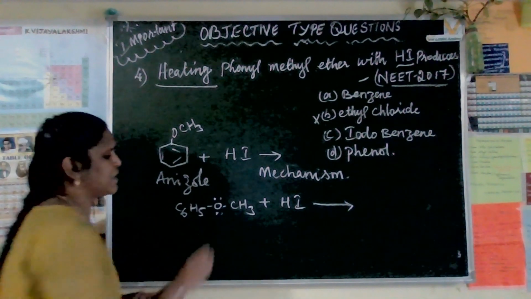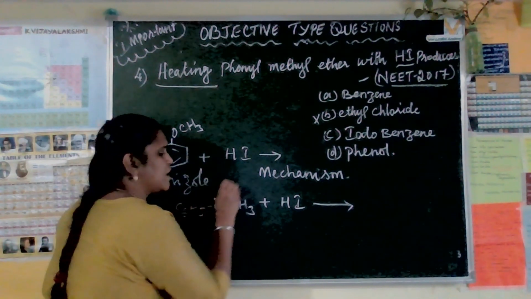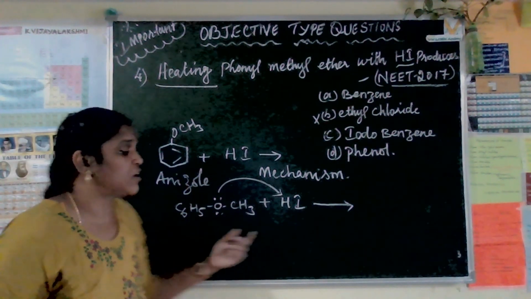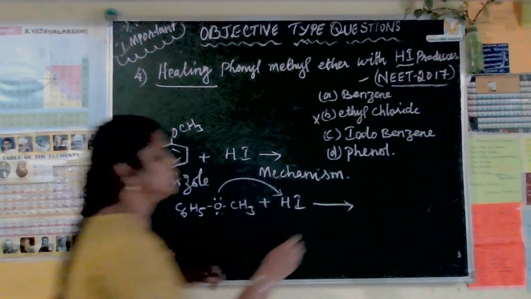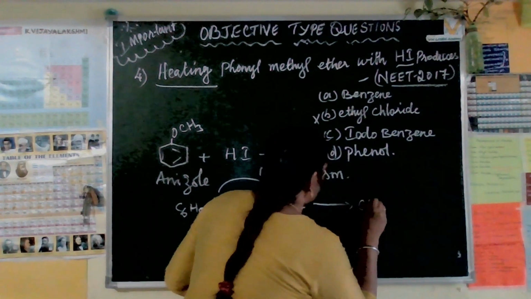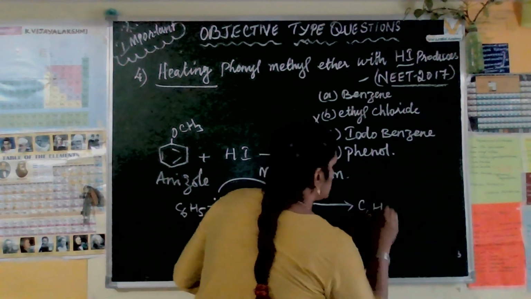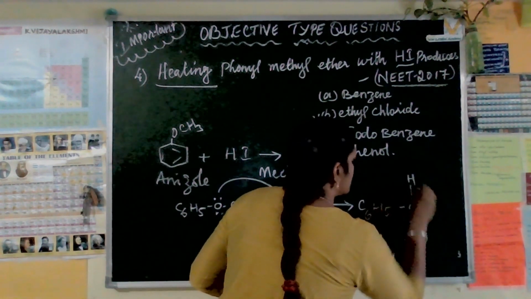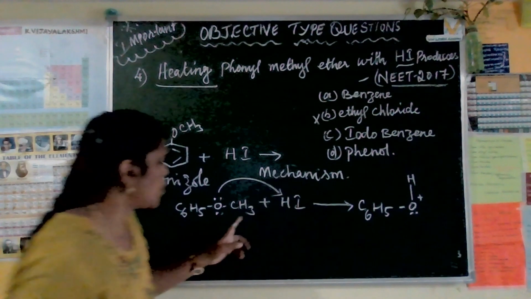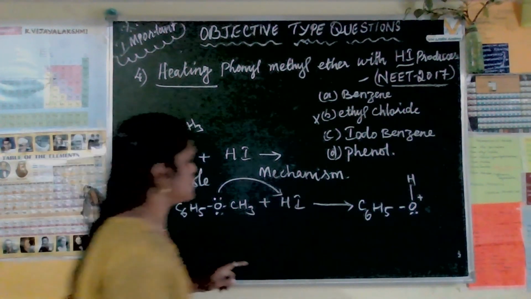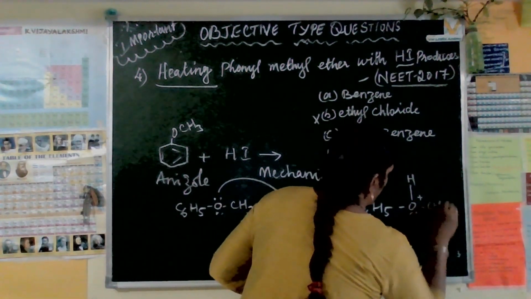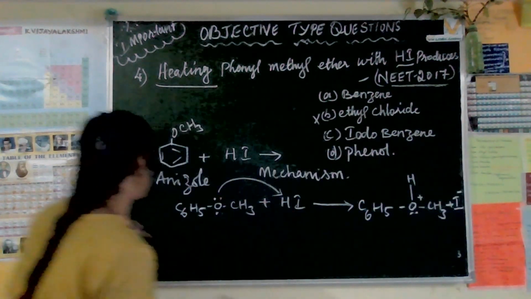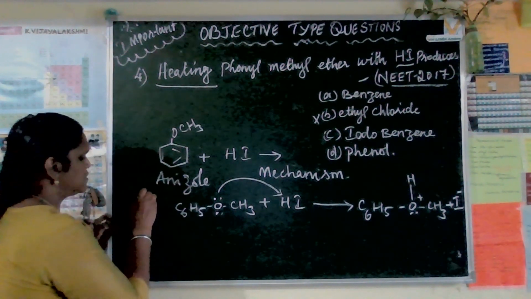The lone pair of electrons shifts, and you will get an oxonium ion, that means protonated anisole. C6H5O, here lone pair, here hydrogen, here positive because protonated, that hydrogen attaches over here, and CH3, plus I minus you are getting. That is the first step. Step by step we are going.